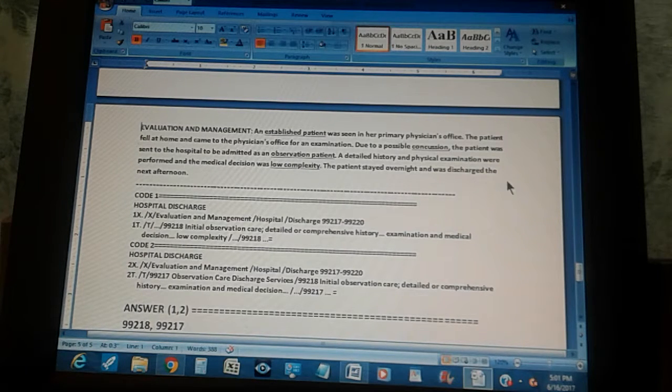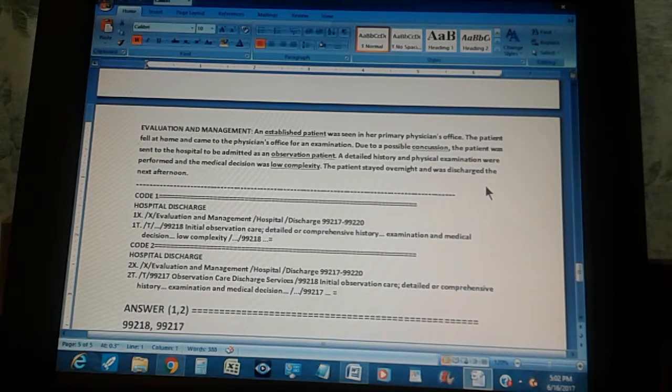Due to a possible concussion, the patient was sent to the hospital to be admitted as an observation patient. A detailed history and physical examination were performed, and the medical decision was low complexity. The patient stayed overnight and was discharged the next afternoon. So that is our problem.